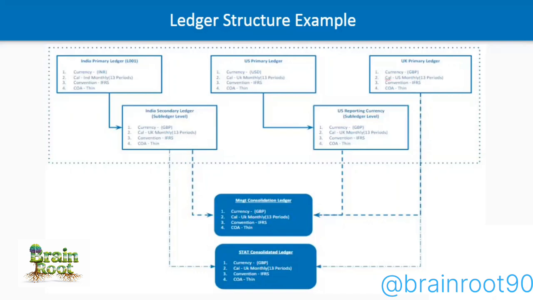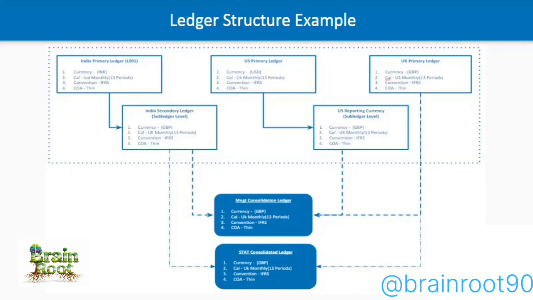In that case, there is no need to go and define a reporting currency. Because the calendar is different, you go and define a secondary ledger. If any of the other three Cs are also changing, then no second thought, go ahead and define a secondary ledger with the required currency also.